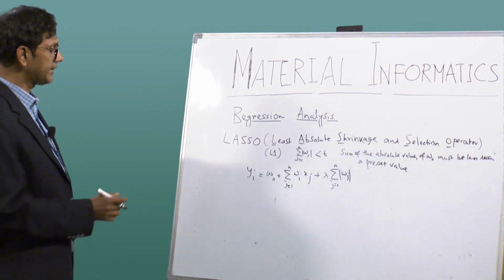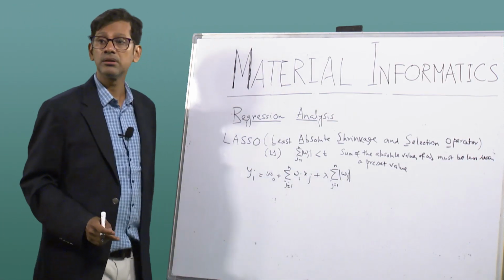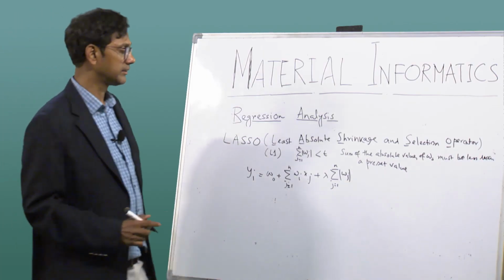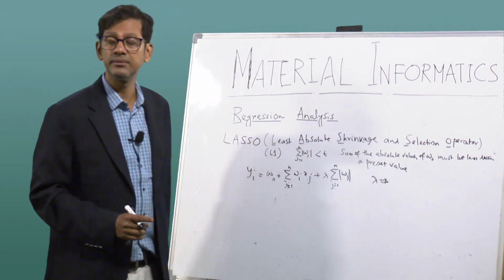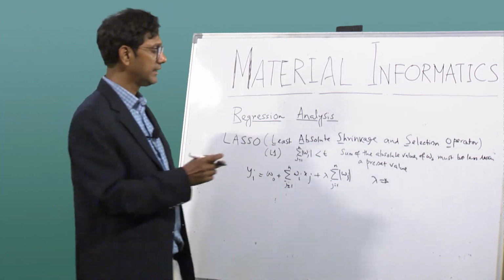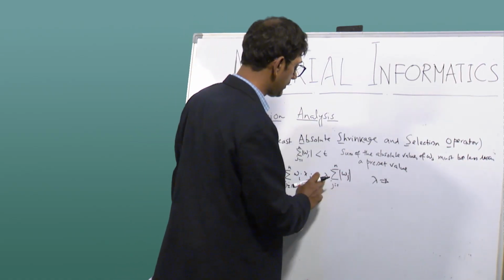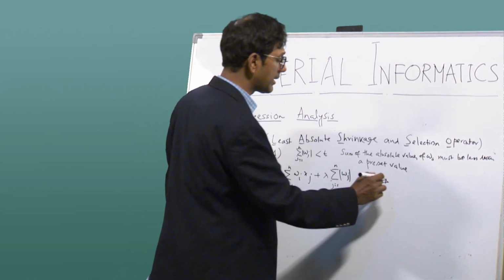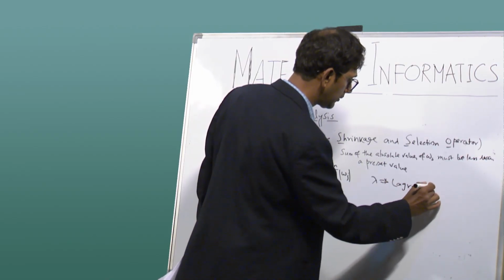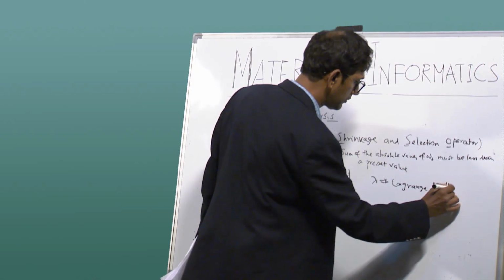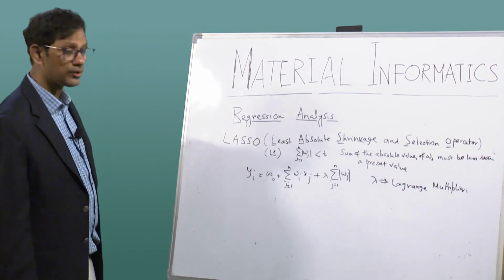This is how we write down yi. This lambda is called the Lagrange multiplier. Those of you who know constrained maximization and minimization know that conditional minimization requires a constant called the Lagrange multiplier.